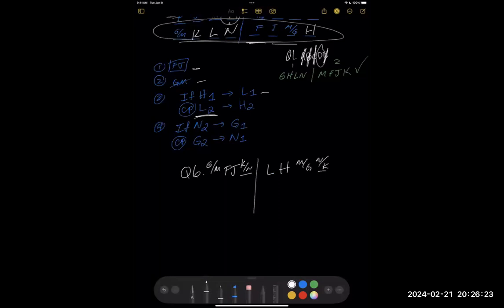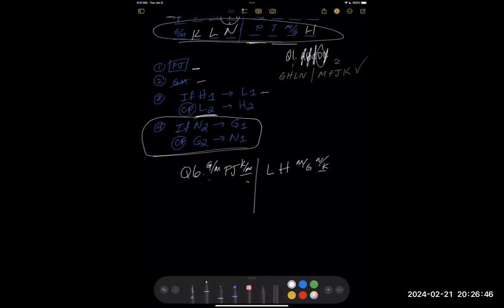But for this one, it does actually matter what we do in terms of G and N, because we know that we have to have at least one of them in group one. So here's G, here's N. We definitely have to have one of them here.